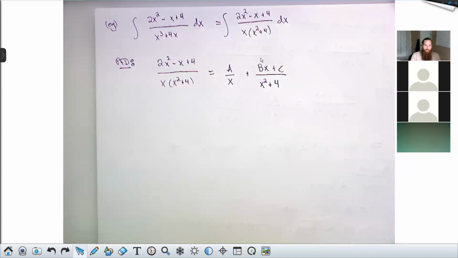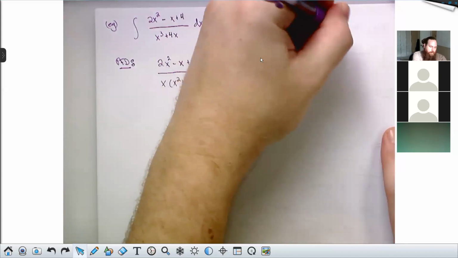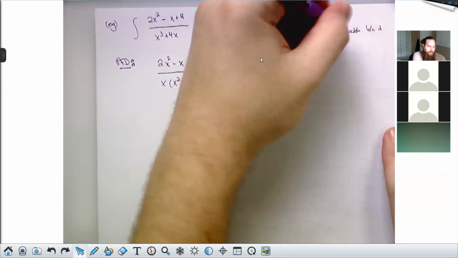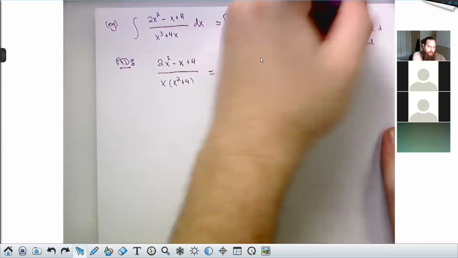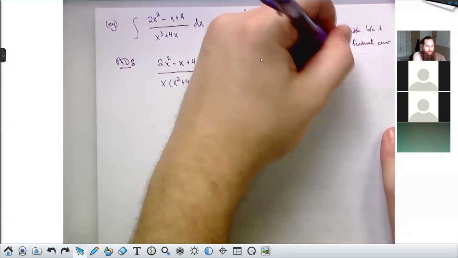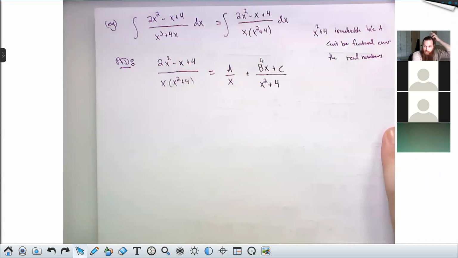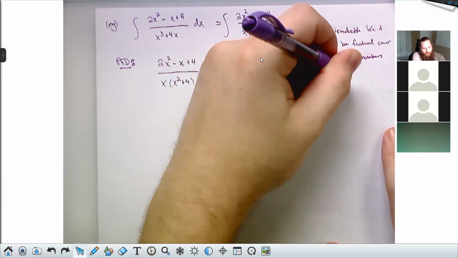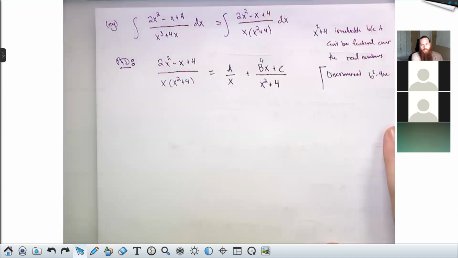Why is x squared plus 4 considered irreducible? Good question. So x squared plus 4 is irreducible because it can't be factored over the real numbers. An easy way to check is the discriminant. B squared minus 4ac.